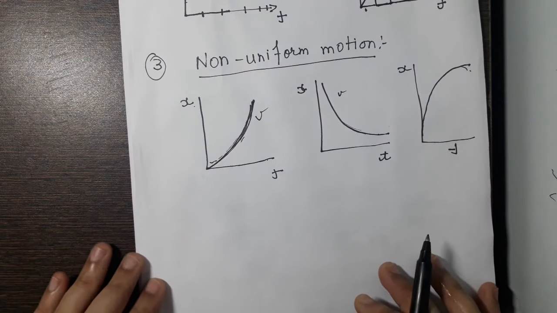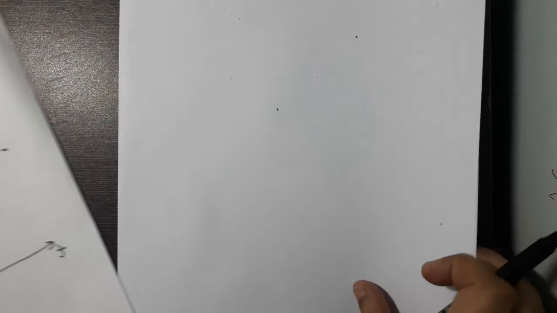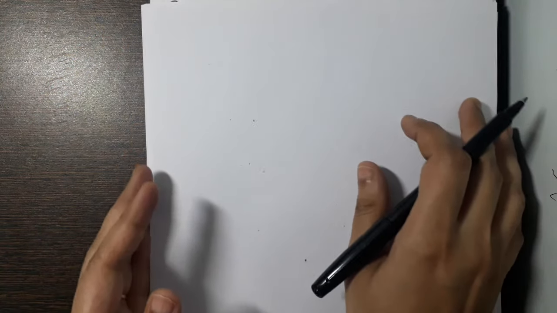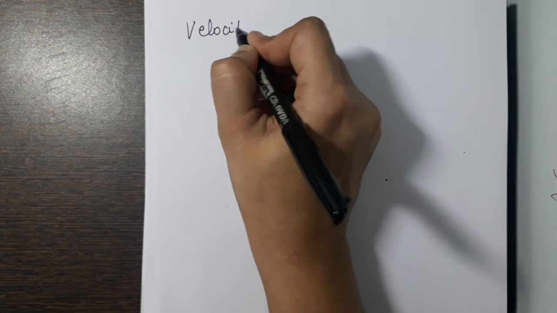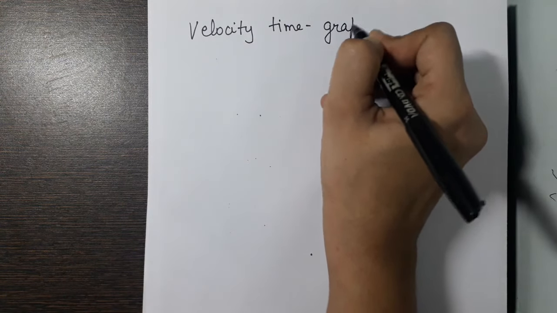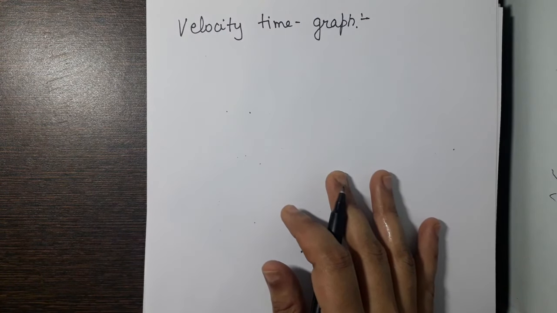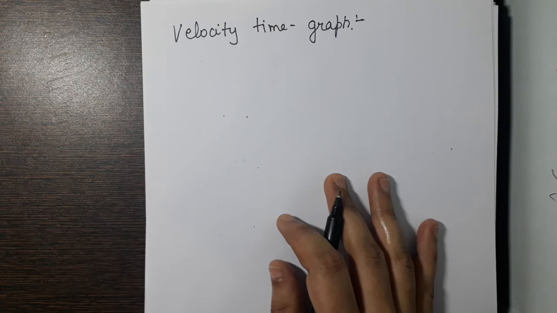Now when we come to velocity time graphs, our second type of graphs, which we are going to discuss. In velocity time graphs, we will discuss the same situations which we discussed in the position time graphs.